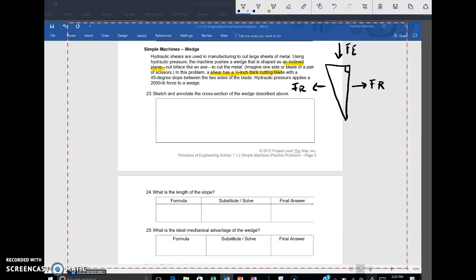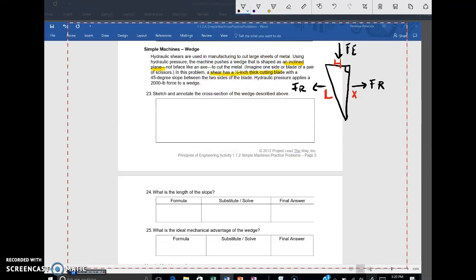Okay, so if we define the different variables on this wedge here, this would be our L, right? It's the length of the slope. And then this would be our H, and then this right here is the base. So remember that from an inclined plane, and you can turn it around if it makes more sense to you in the shape of an inclined plane.